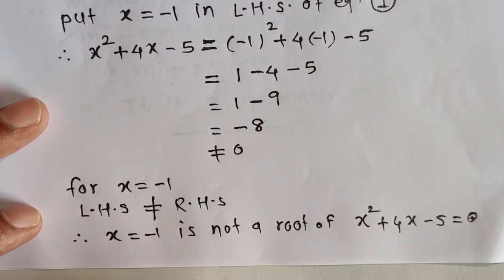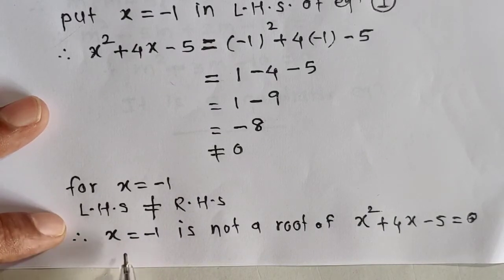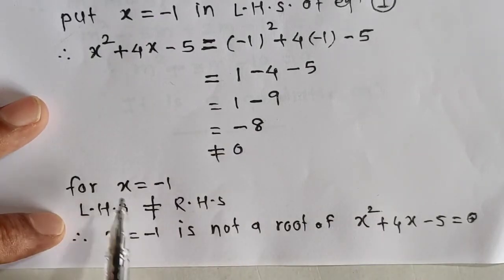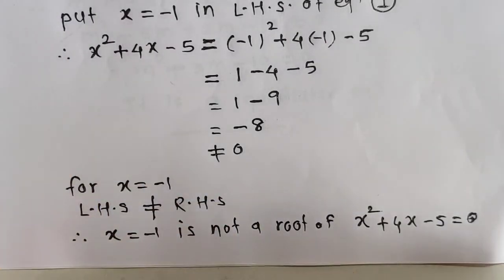Then our conclusion is for x is equal to -1, left hand side and right hand side are not equal, and whenever these are not equal, x is equal to the given value is not a root of that equation, and whenever these are equal, LHS is equal to RHS as in the first example, then it is a root of that equation.